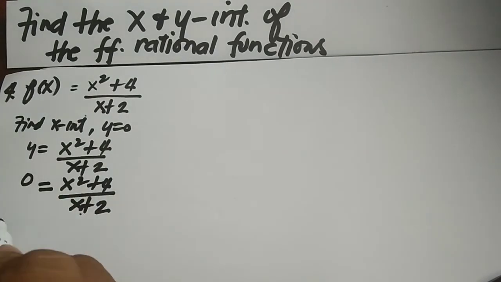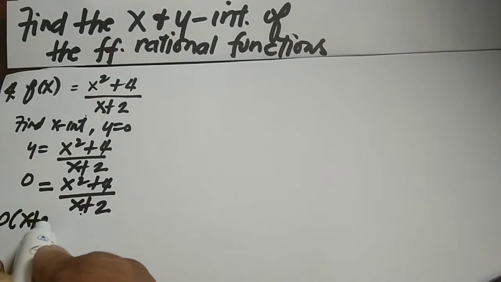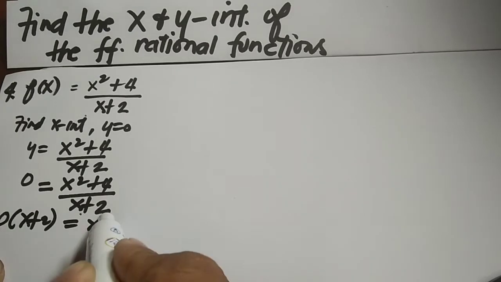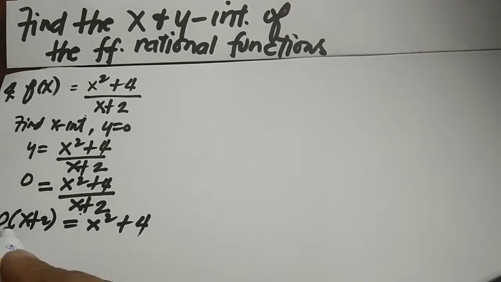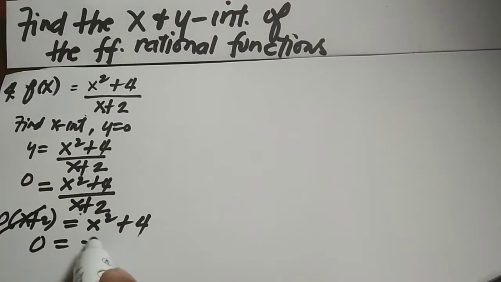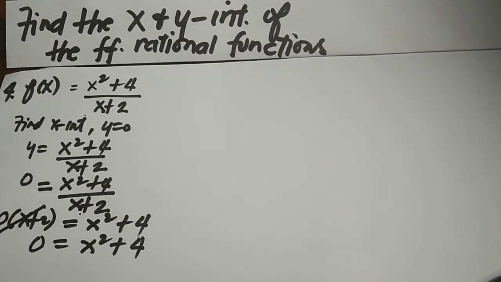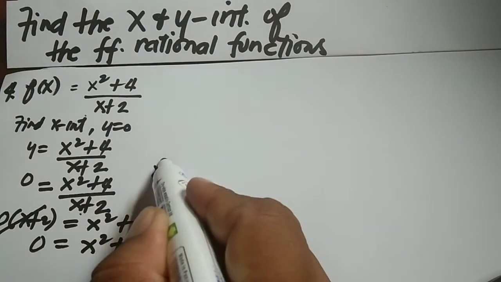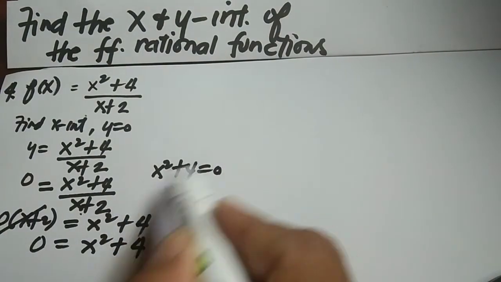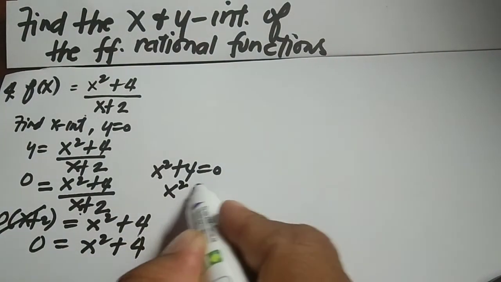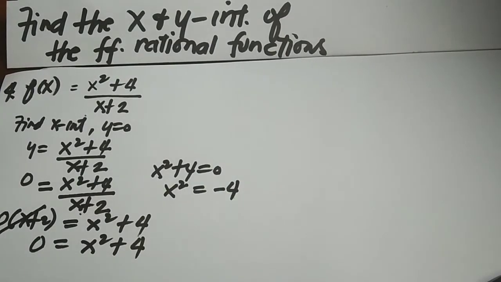Then cross multiply: 0 times x plus 2 equals x squared plus 4. So we have x squared plus 4 equal to 0, then x squared equals negative 4.